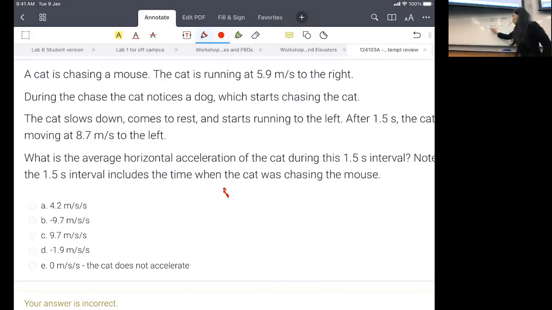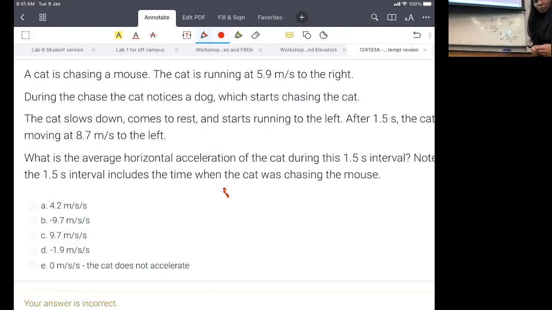Just make sure to include the negative sign in your VF. That's negative 8.7 minus your initial velocity, which is positive 5.9 because the cat is moving to the right. And divide that by the time interval, 1.5 seconds.